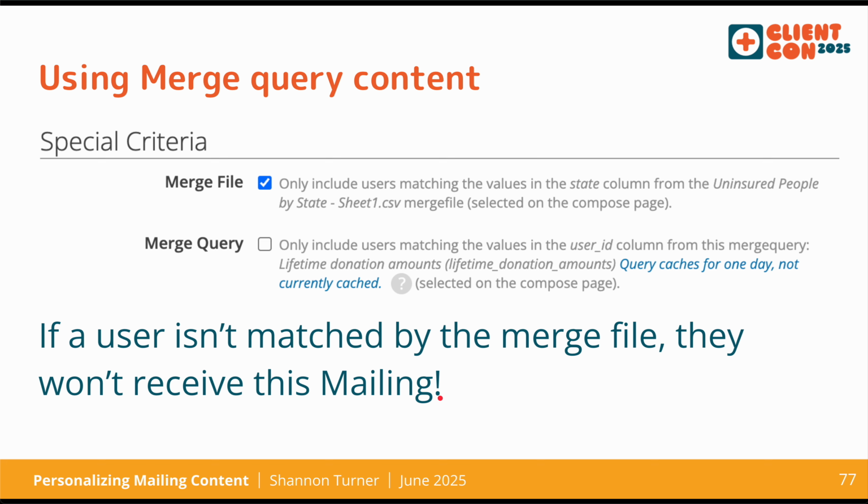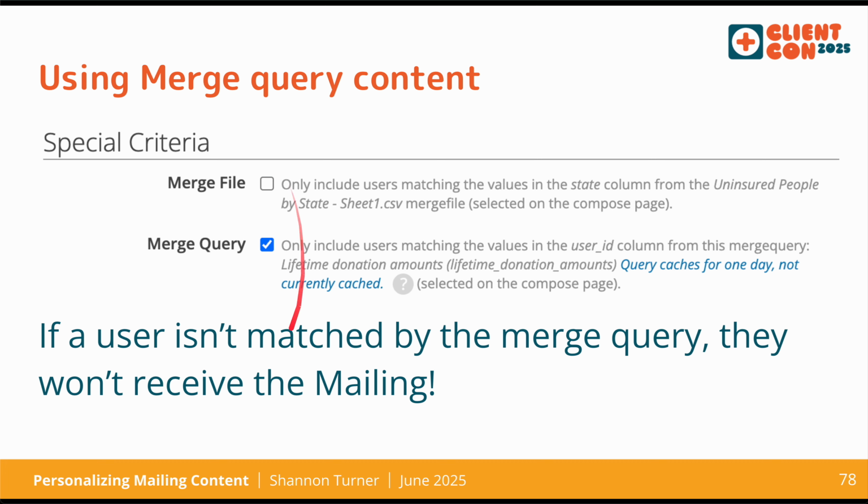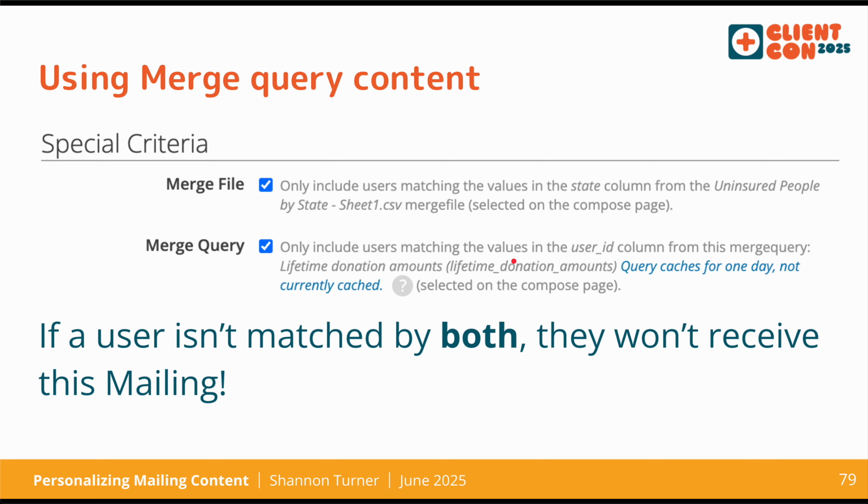In this example, my mailing has both a merge file and a merge query. If I check this box, then users who do not get matched by my merge file will not receive this mailing. If I check this box for merge query, and my user is not matched by the merge query, which if we remember had a filter criteria to only give me donors, so if someone isn't matched by this report, then they will not be receiving this mailing.